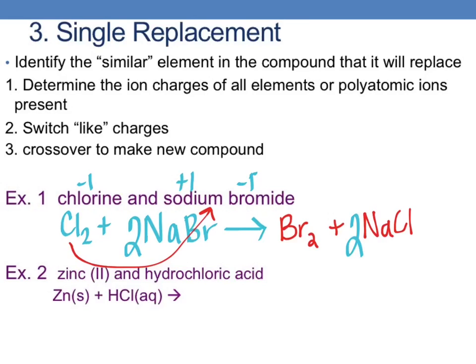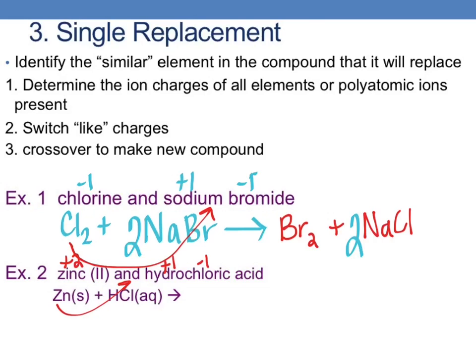Zinc and hydrochloric acid. Can somebody answer that? Zinc is going to kick out... All right, zinc is a +2. So zinc is a +2, hydrogen's a +1, and chlorine's a -1. So zinc is kicking out hydrogen.